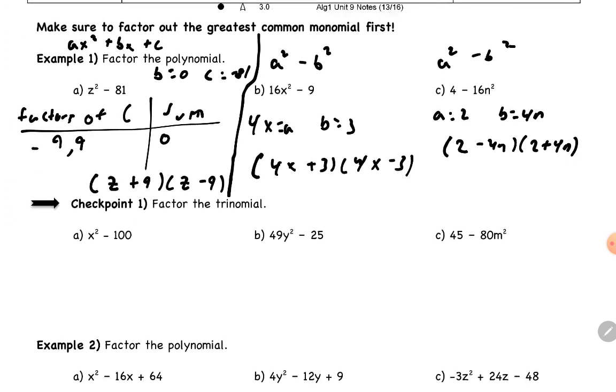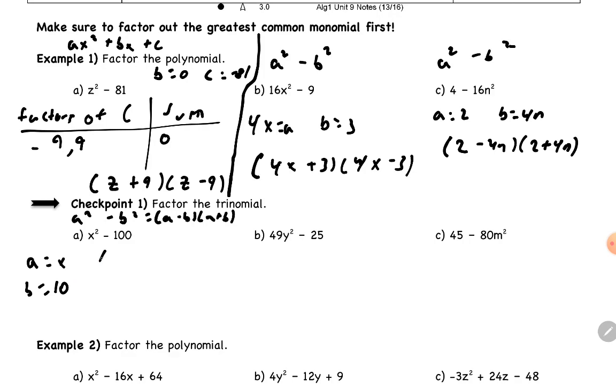Alright, checkpoint 1. Factor the trinomial. So we have a squared minus b squared here, and that is equal to a minus b, a plus b. So a in this case would be the square root of x squared, which is x, and the square root of 100 would be our b value, which is 10.